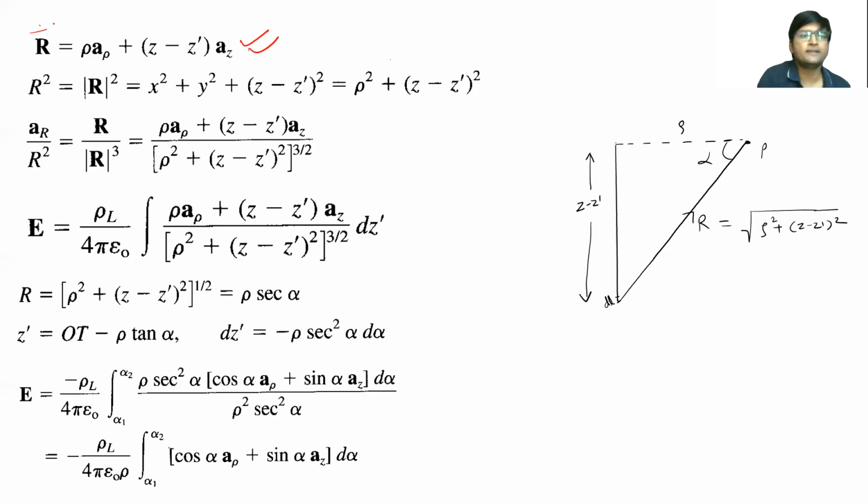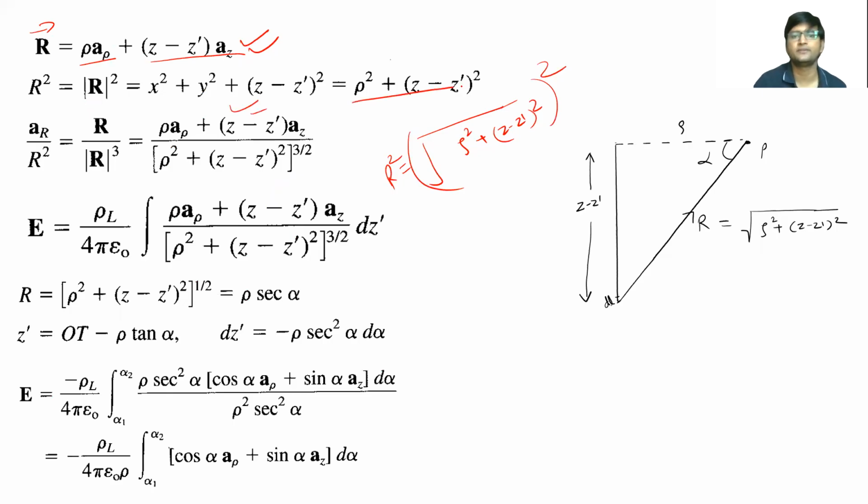So this R vector can be represented in cylindrical coordinates like this. And the magnitude of R will definitely be, how do you calculate the magnitude? R is equal to the square root of rho square plus (z minus z dash) square. So if you take a square, this whole thing will get squared, and this is what is written here, right? This term.